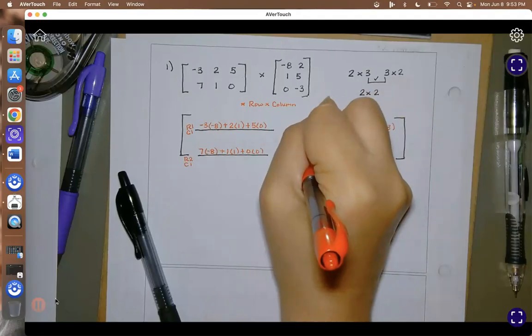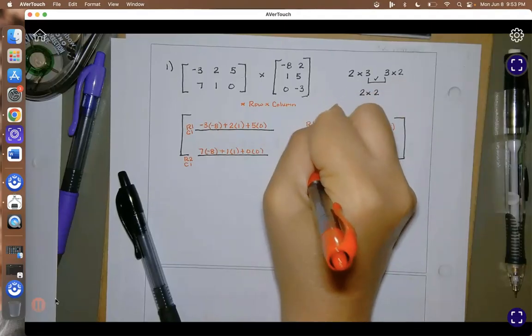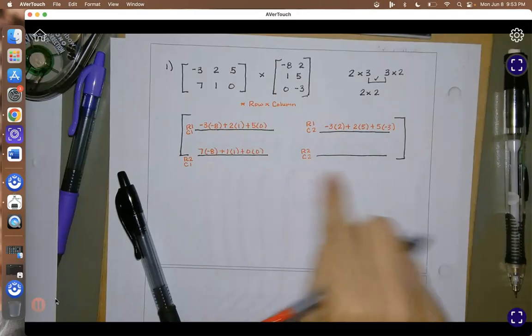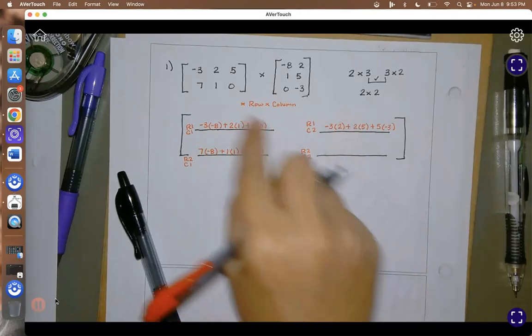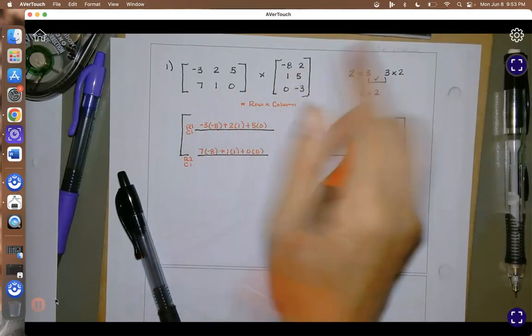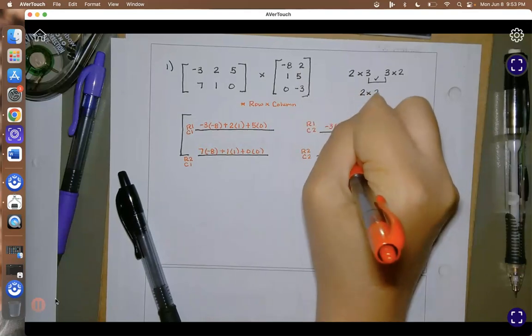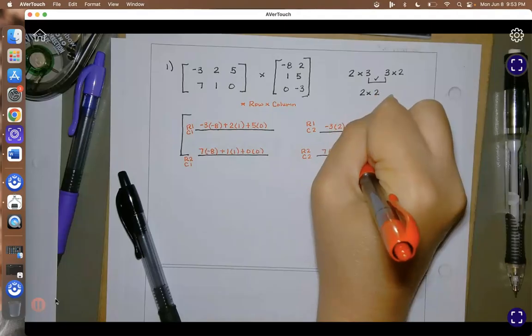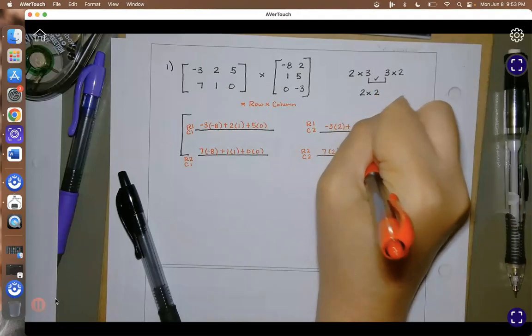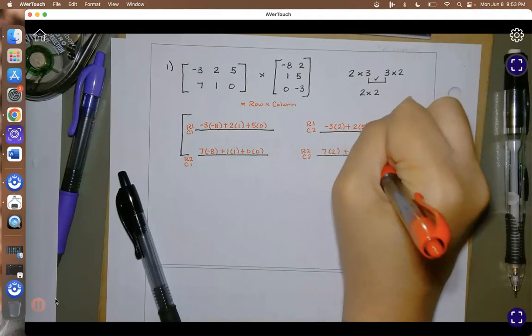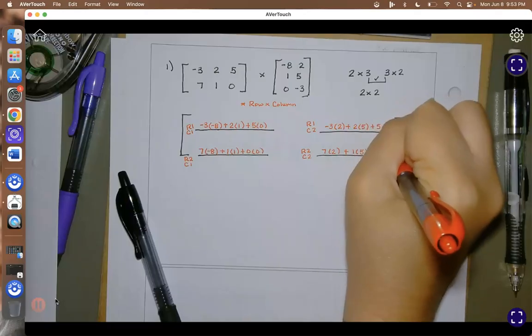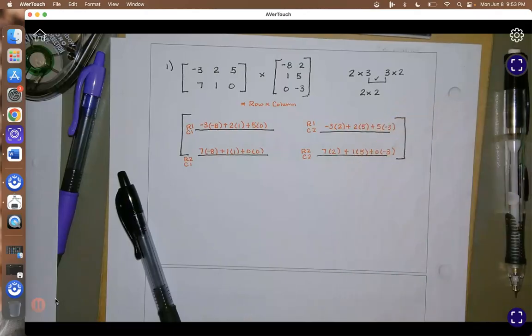Then we do row 2 times column 2. So here we go: 7 times 2 plus 1 times 5 plus 0 times -3. All right?